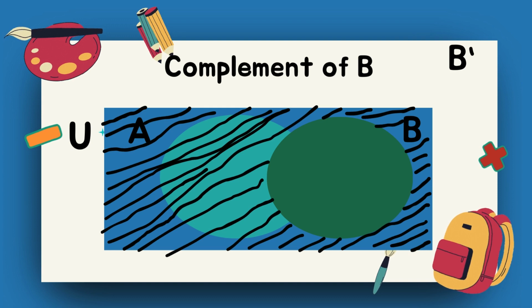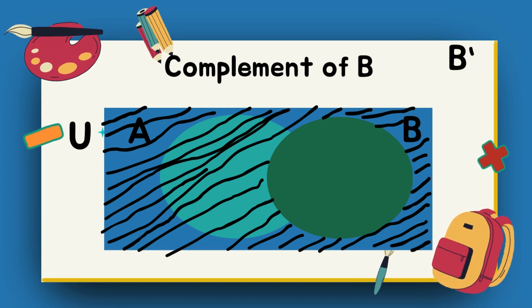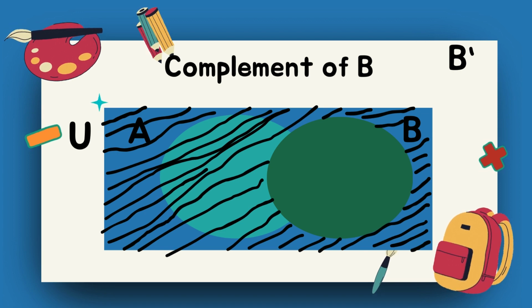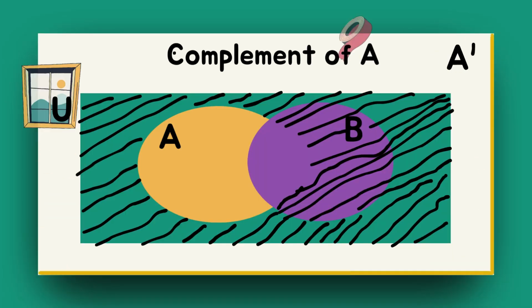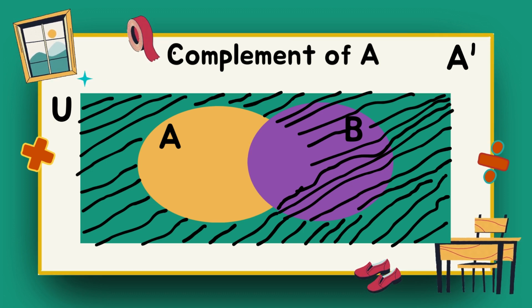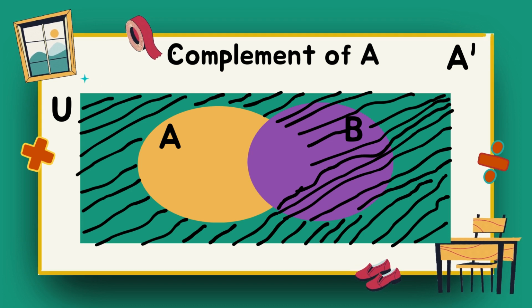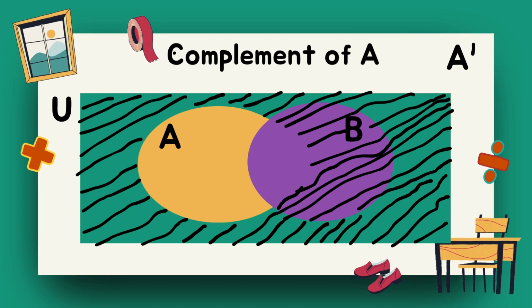Let's look at complement of A. So as you see by the shaded region, that is the complement of A. The complement of A, the set of elements not in A. And at the top, you see the symbol that represents A complement.